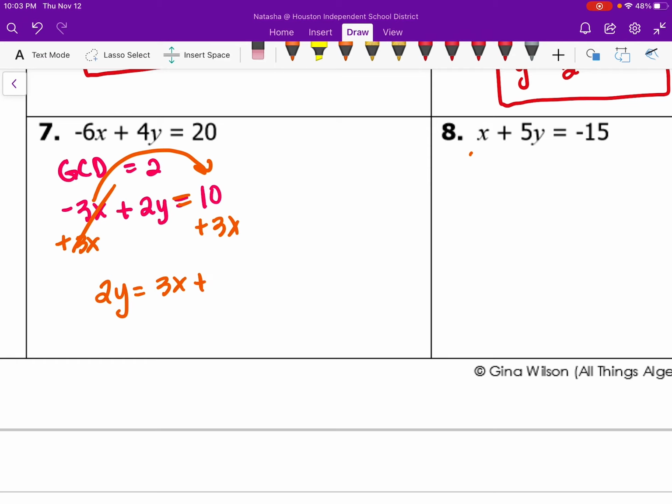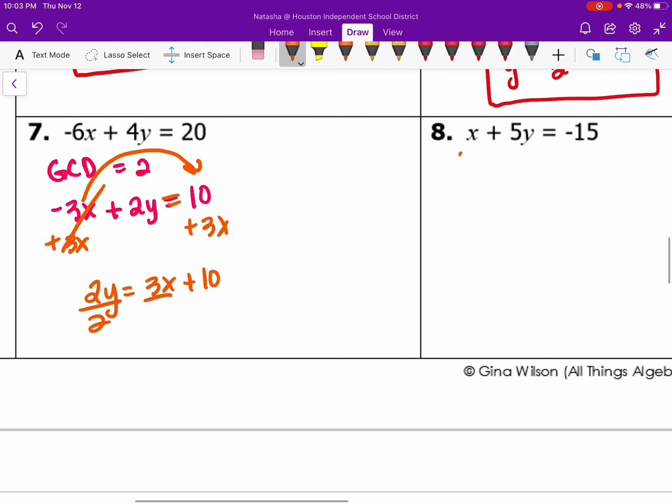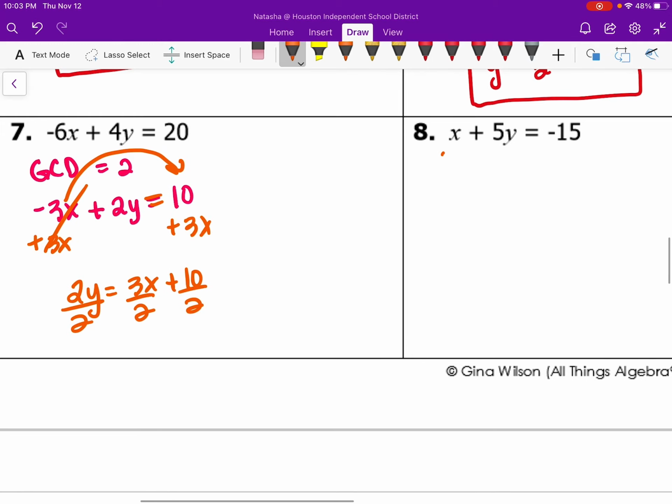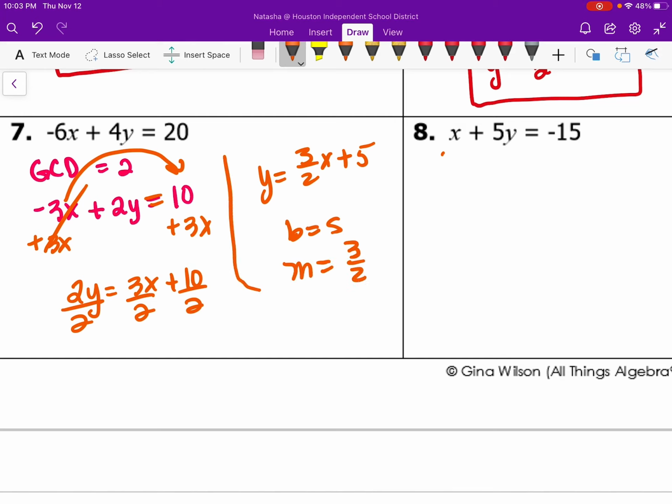Oops, accidentally put plus 0. We're going to divide by 2. That's going to give me y is equal to 3 halves x plus 5. So our b is going to be 5, and our slope is going to be 3 halves.